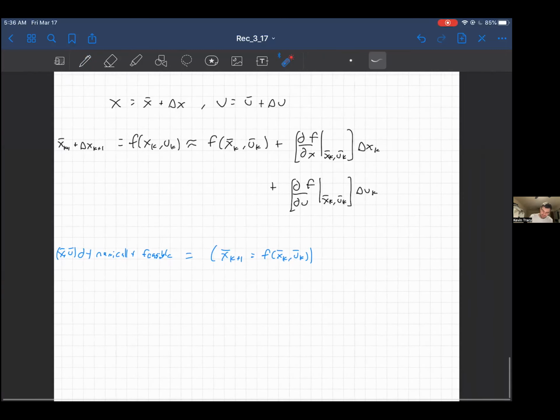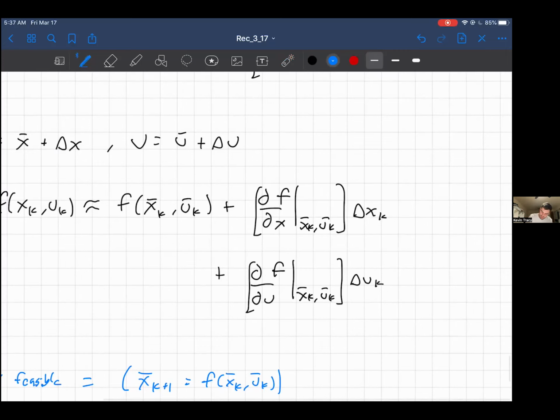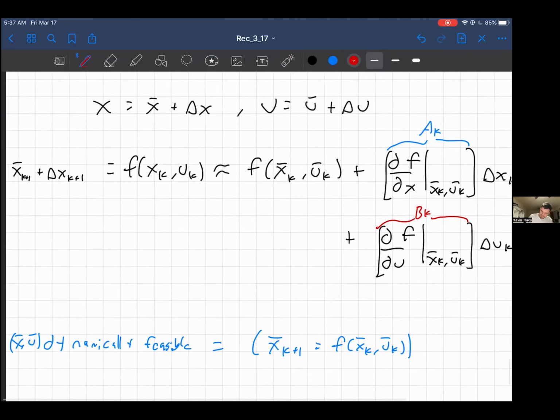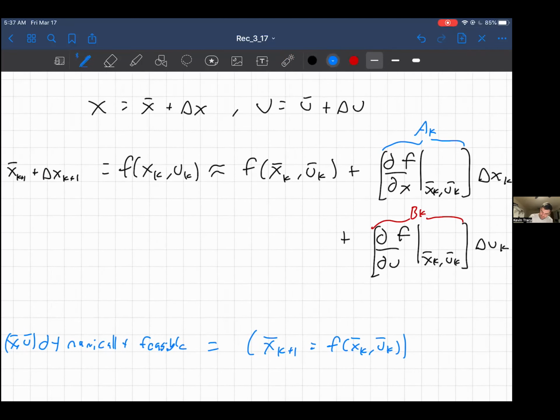And so what does that mean for this right here? So let's do some quick notation stuff. This, I'll call just my A matrix, A of K. And this, I'll call my B matrix, B of K. Now, if I say that it's dynamically feasible, that means that this is equal to this, right? This is what I said right here.